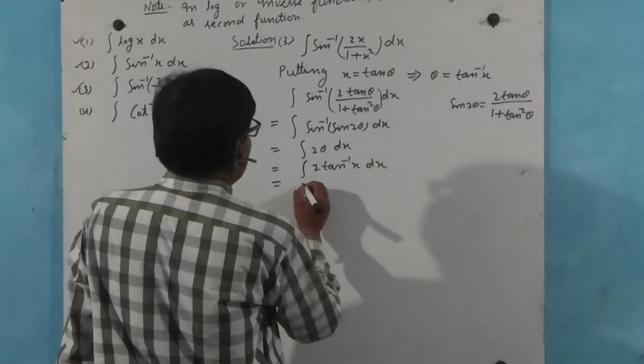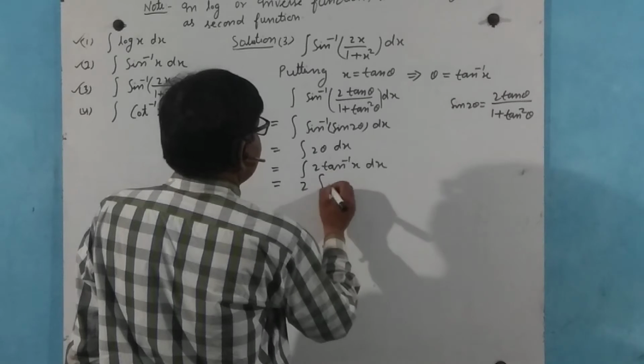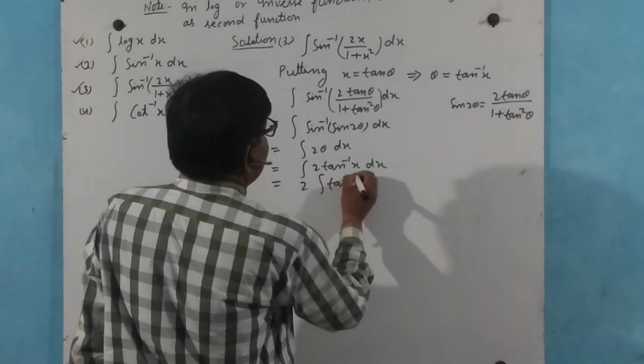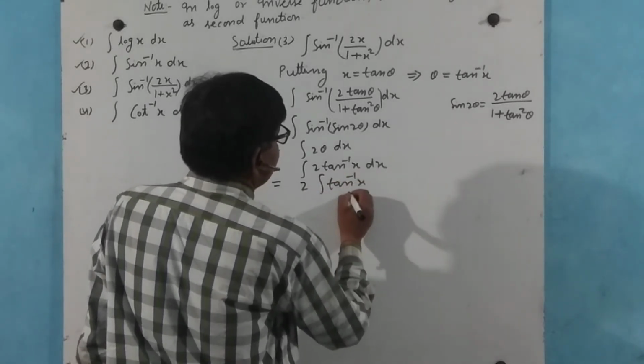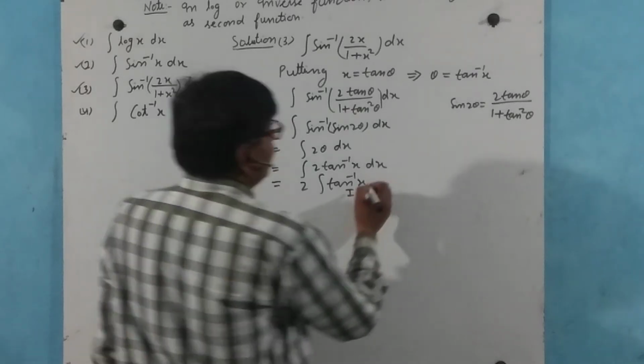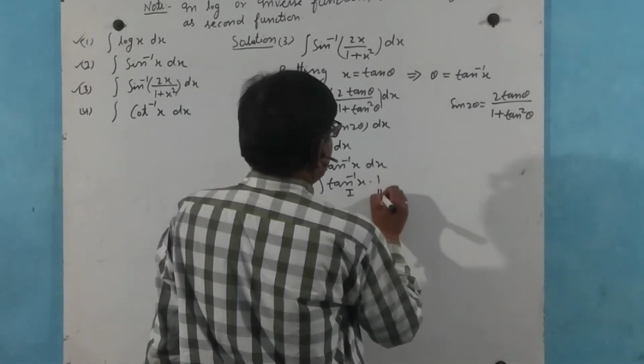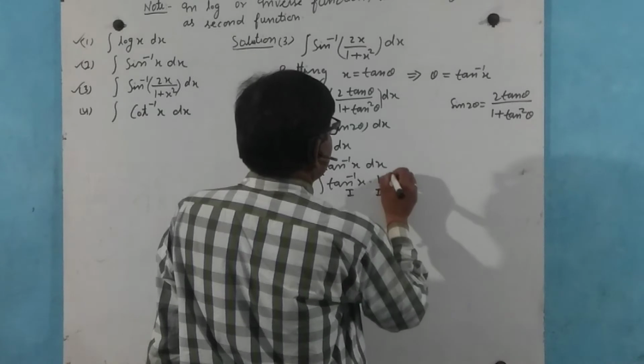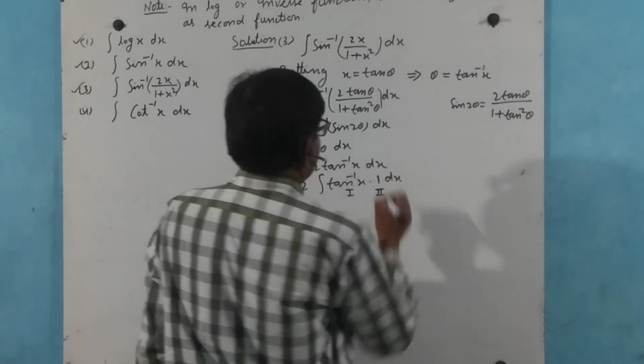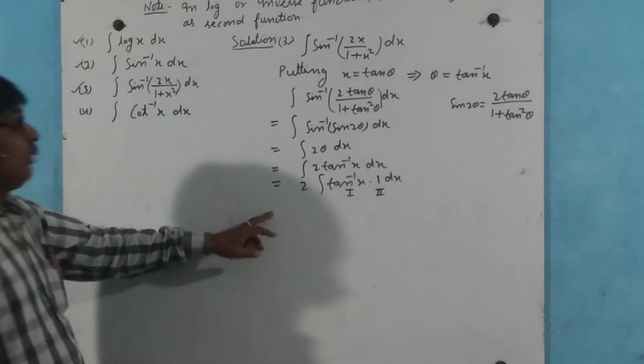Now 2 comes out, integration of tan inverse x. This is the first function, and we take unity, 1, as the second function, dx, and we apply the formula.